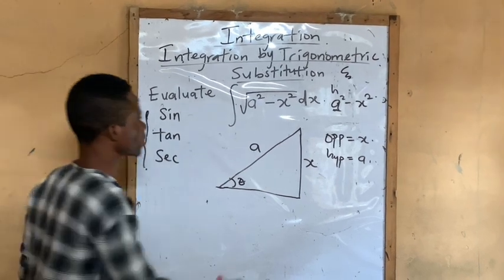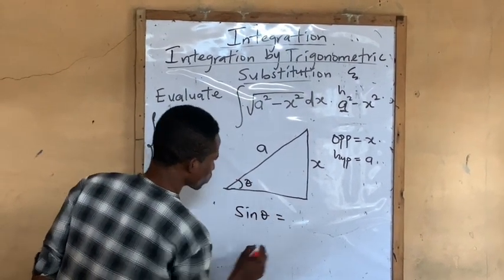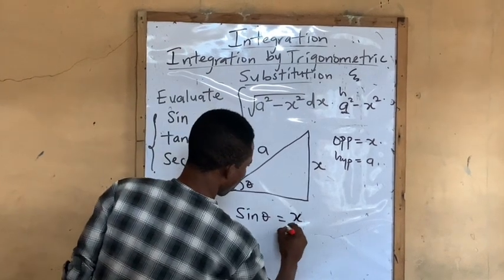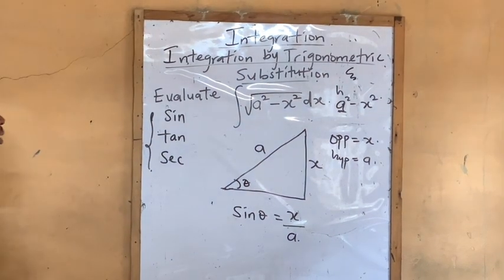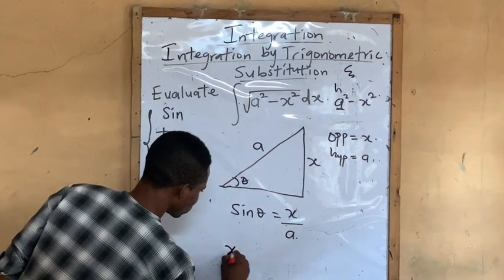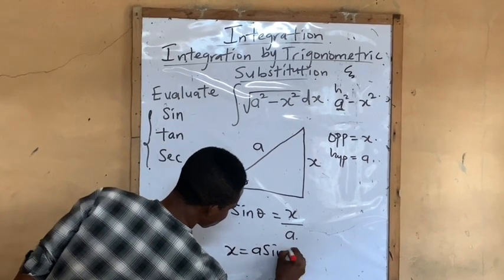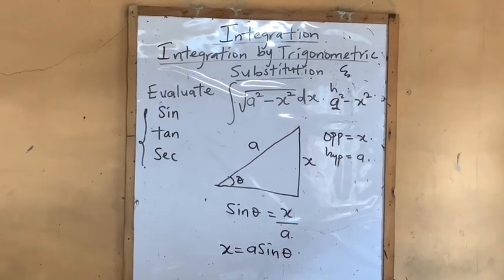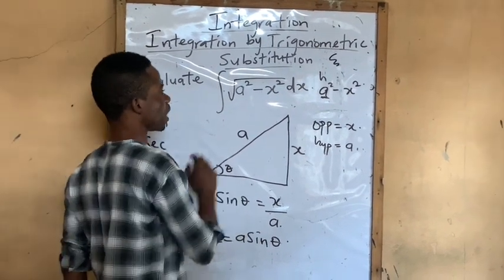So I'm going to use sine here. That means sine theta equals opposite x all over hypotenuse A. That means my x equals, if you cross multiply, A sine theta. It's very, very important. That is my x, which is A sine theta.